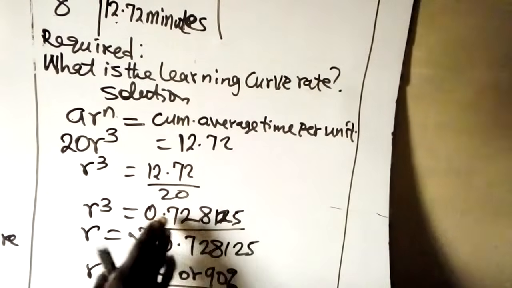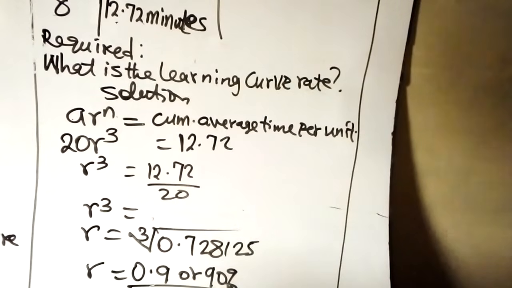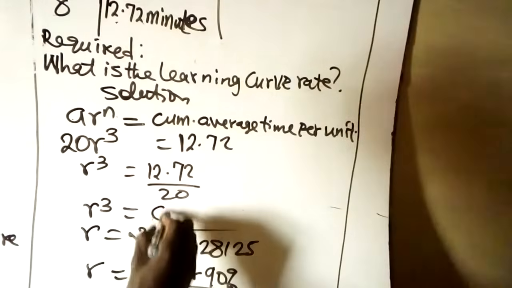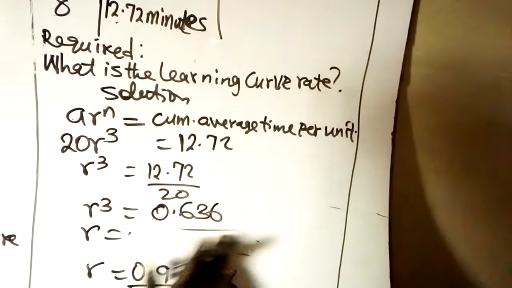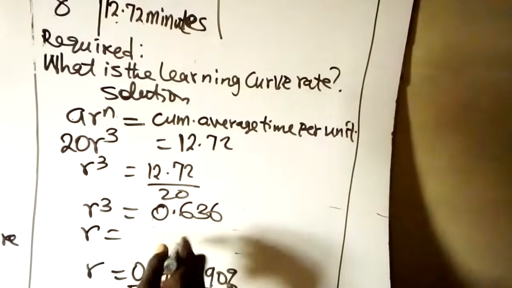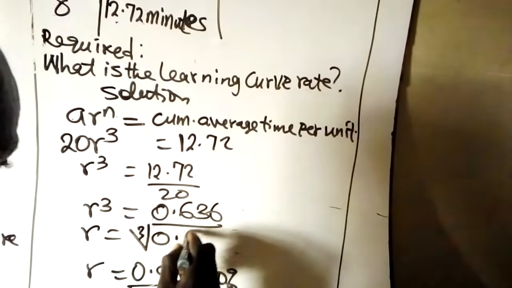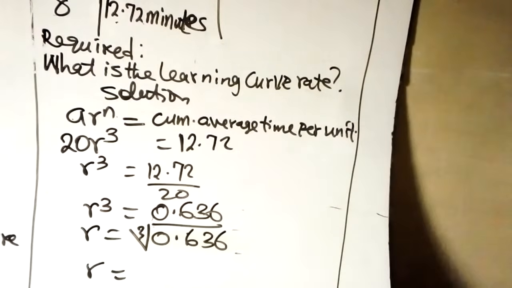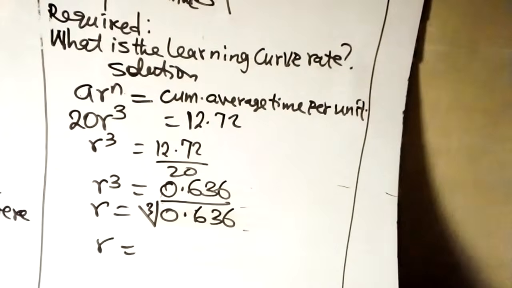Sorry, there is a mistake in this figure. 12.72 divided by 20 gives us 0.636. When you now find the cube root of 0.636, if you have used your calculator, you'll be able to detect that error at first.